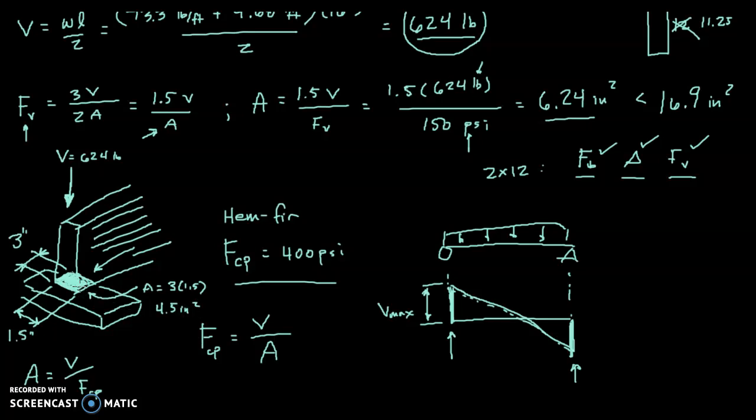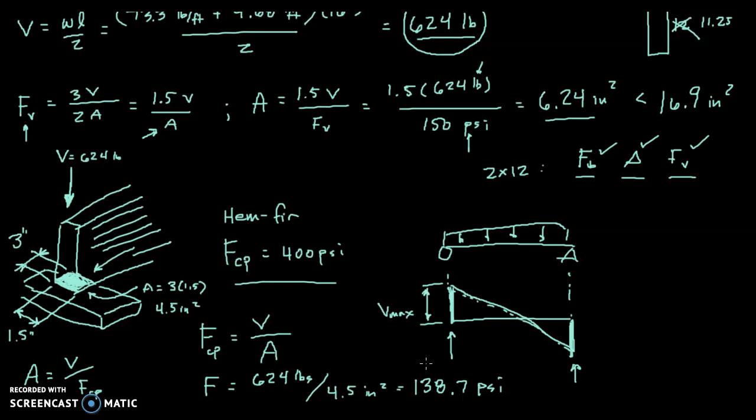So since the area has been chosen for us, we're just checking to see, is it adequate? Is that okay? So the stress is going to be equal to the 624 pounds divided by 4.5 square inches. And if we calculate that, it should equal 138.7 psi. So that's the amount of stress that the end of this beam is going to experience in bearing.